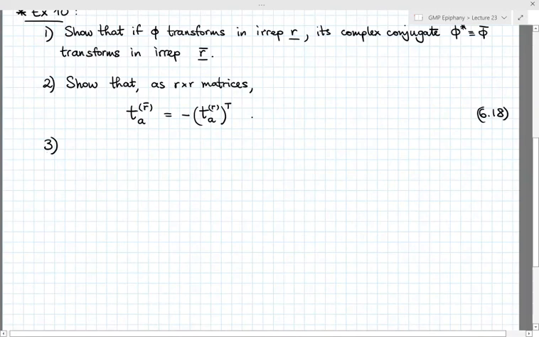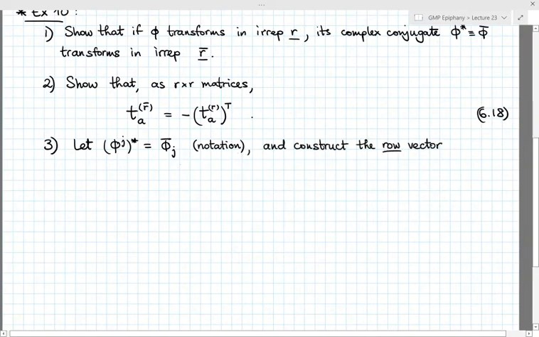Finally, in part 3, let me introduce some notation first. When I take a complex conjugation, denoted by star or bar, I will also lower the index. This is just notation. And then I construct the row vector phi dagger, which is phi complex conjugated and transposed.